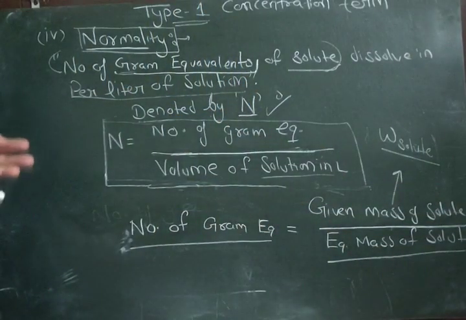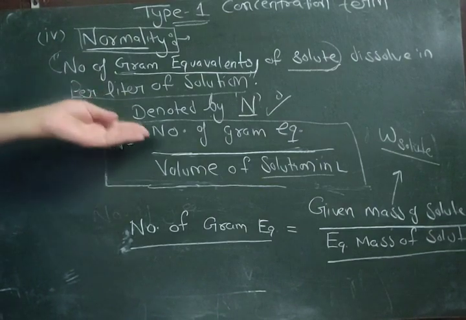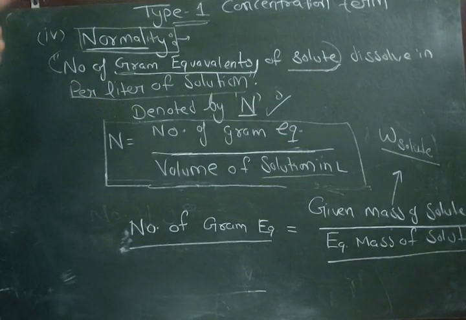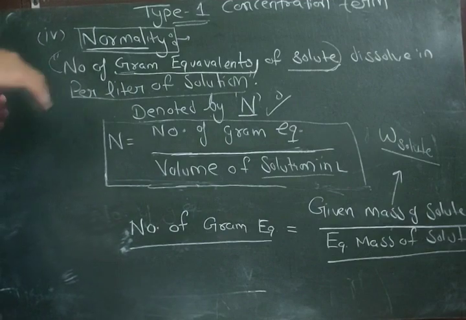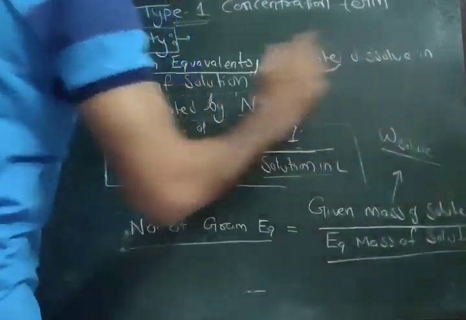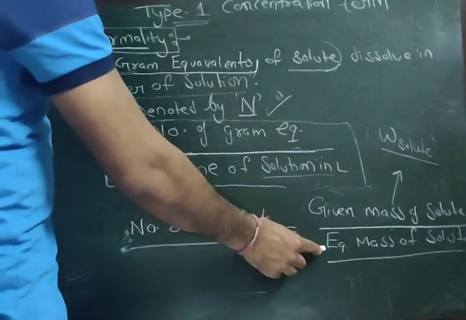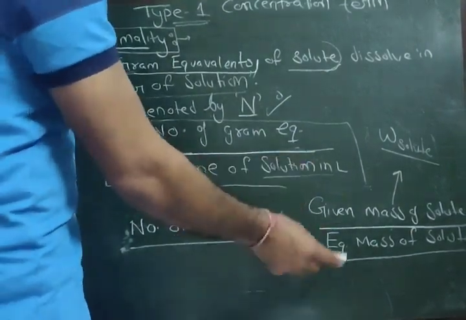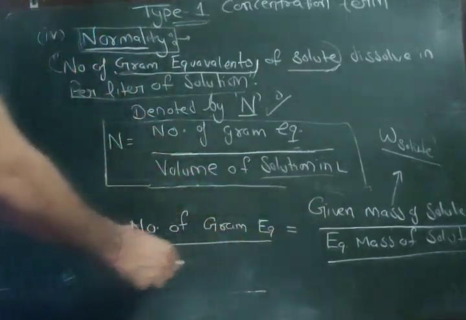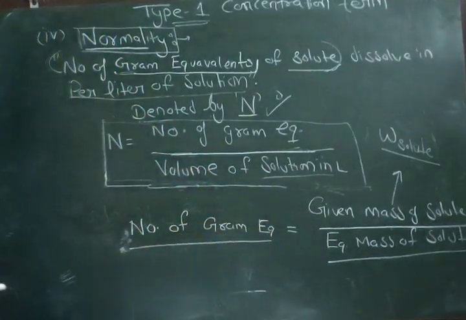We are trying to find the number of gram equivalent and have run into this new term. So first of all we should know about the equivalent mass. After that, we can get the number of gram equivalent.